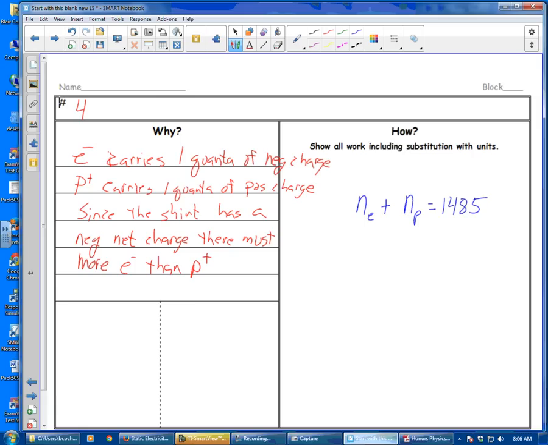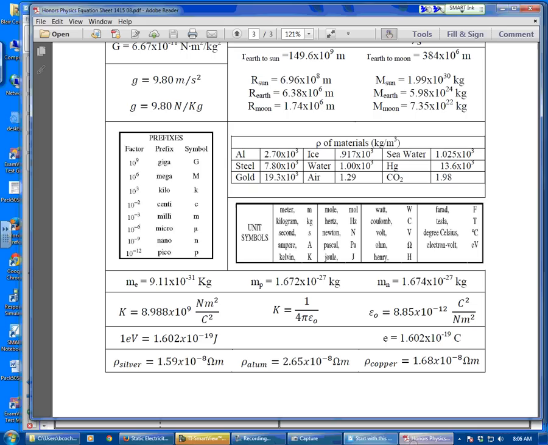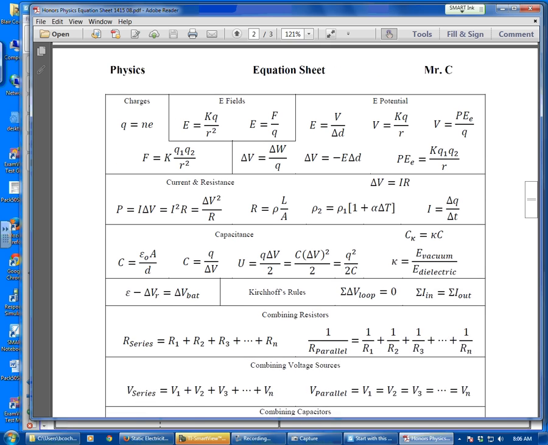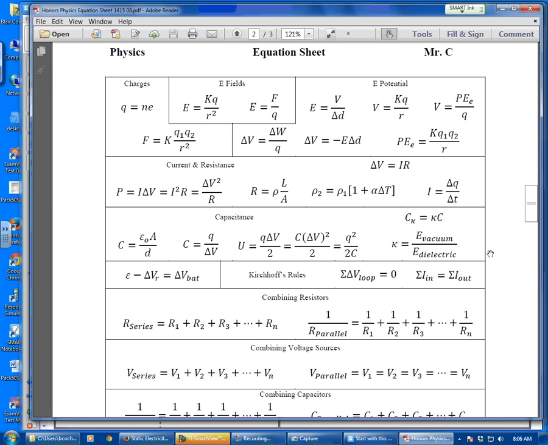From my equation sheet, I know a couple of things. One, I know that one quanta of charge is 1.602 times 10 to the minus 19th coulombs. And if I'm looking at the total charge on something, that's e times the number of quantas, so Q equals Ne.